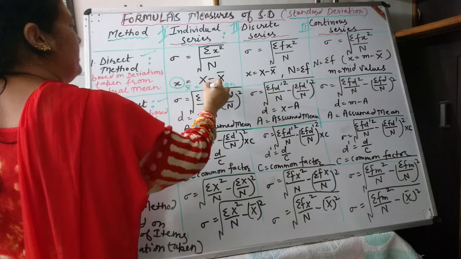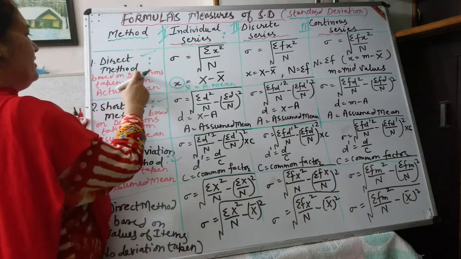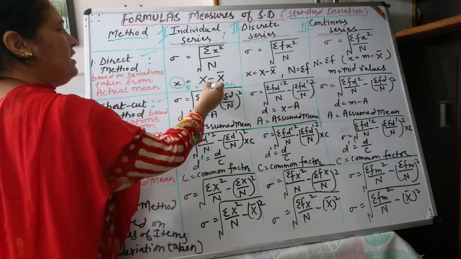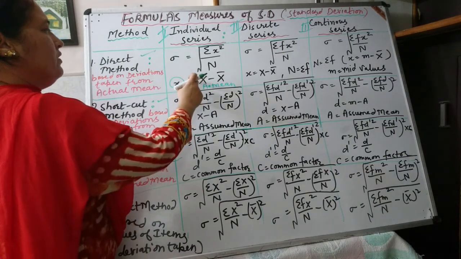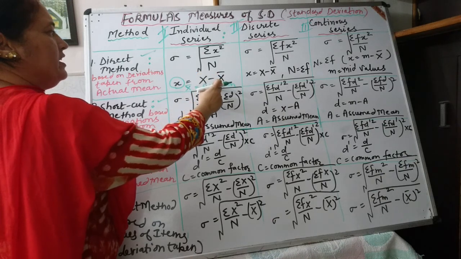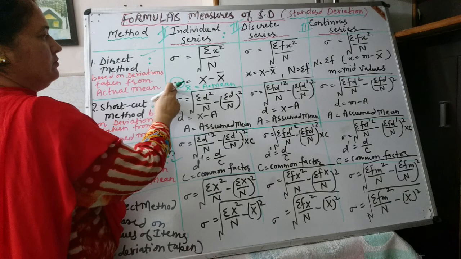It means in direct method, first of all we have to calculate arithmetic mean, because here deviations are taken from the actual mean. All the values of arithmetic mean will be subtracted from the given values of x, then you can calculate small x.